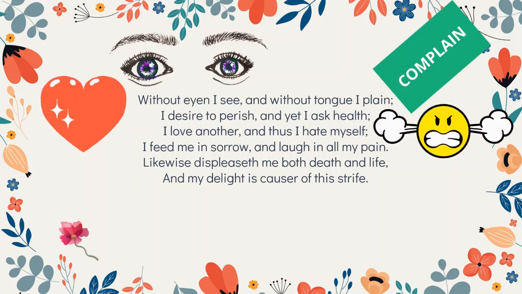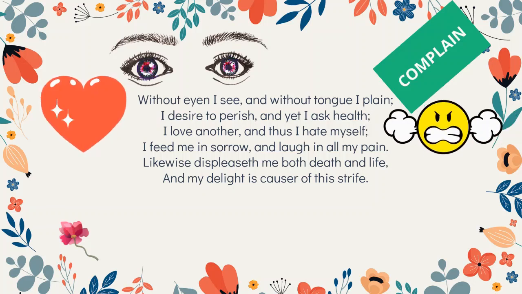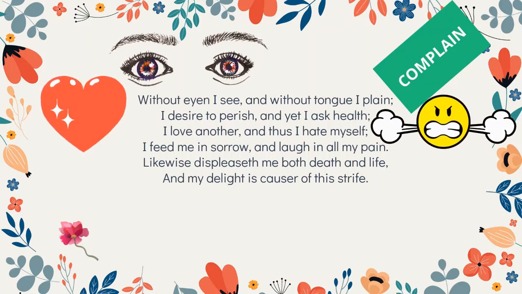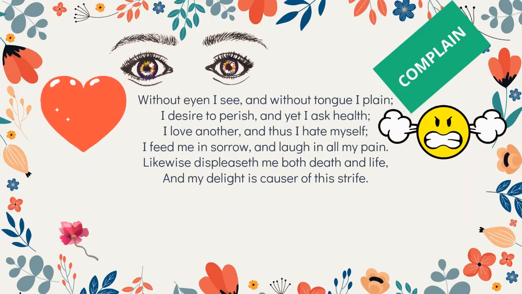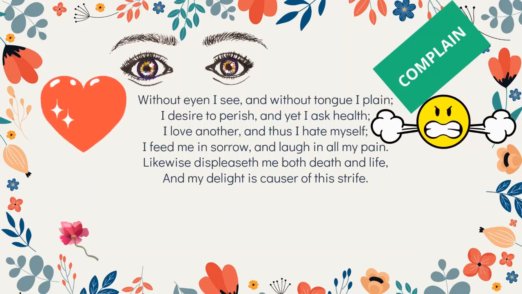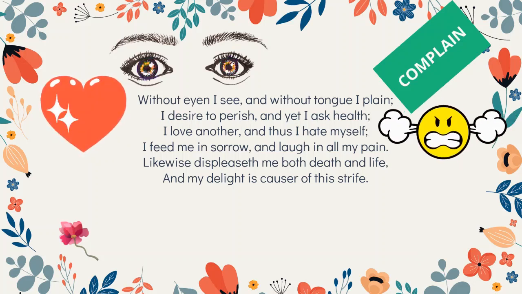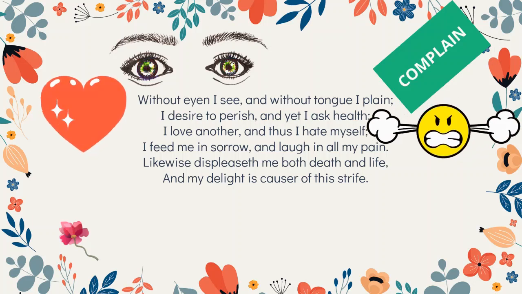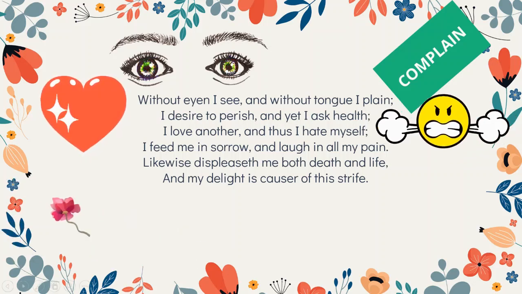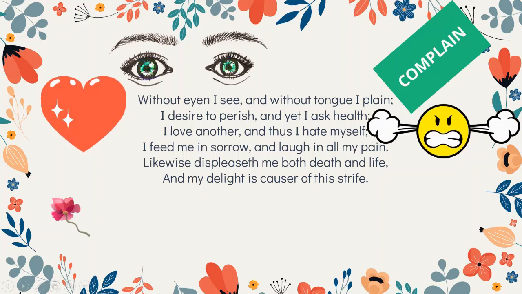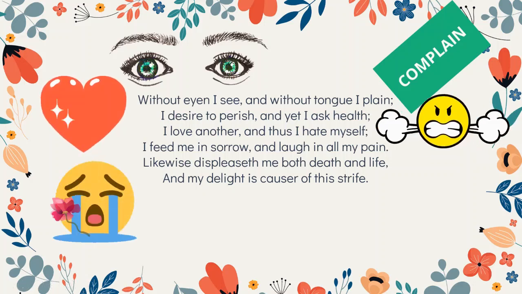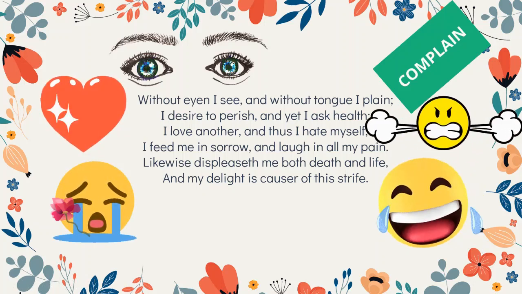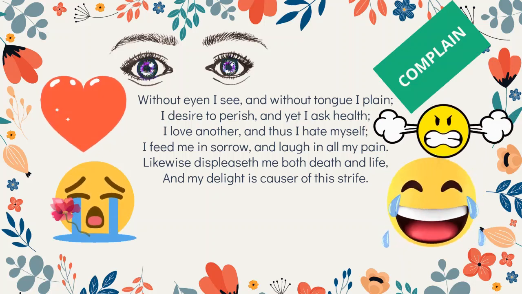What is the problem? I love someone else, so I'm angry because I've lost myself. "I feed me in sorrow, and laugh in all my pain," because of my love. So I'm sorry that I've lost myself, but I'm happy that I have found another one. "Likewise displeaseth me both death and life, and my delight is causer of this strife."